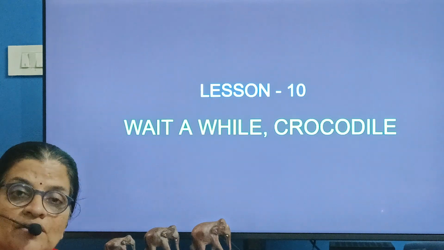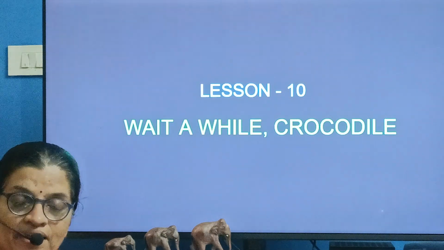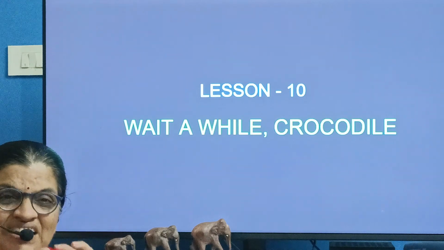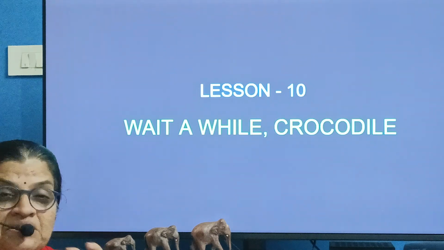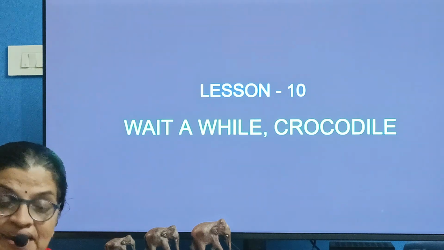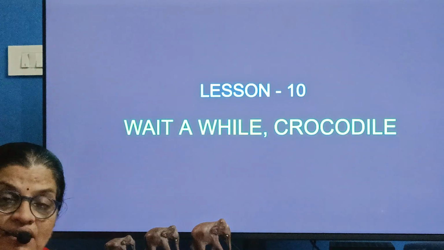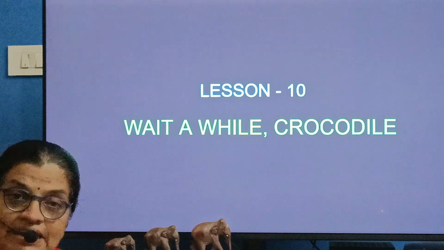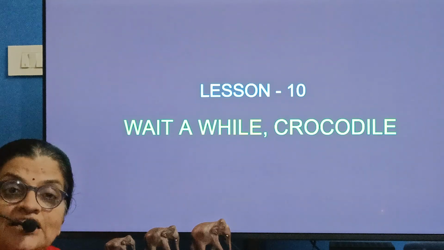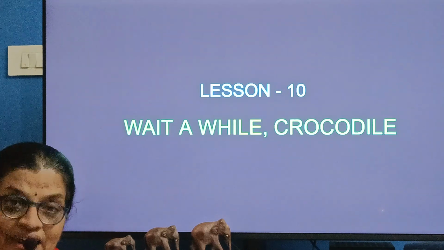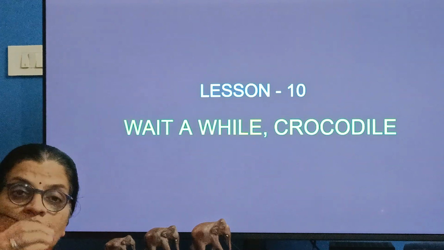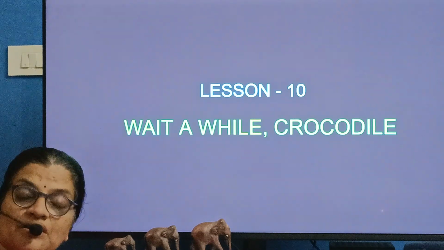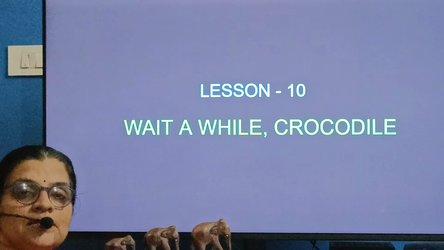Those who are living in the marsh area, the wet and dirty area full of black mud, those crocodiles are known as mugger. Second one is saltwater and third one is gharial. These three types of crocodiles we can see in India.